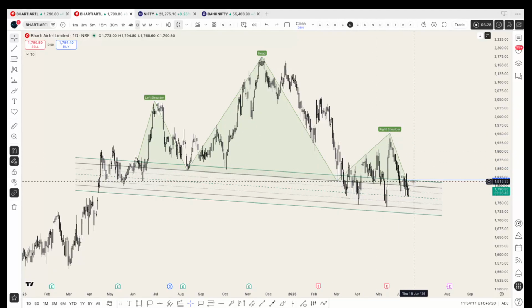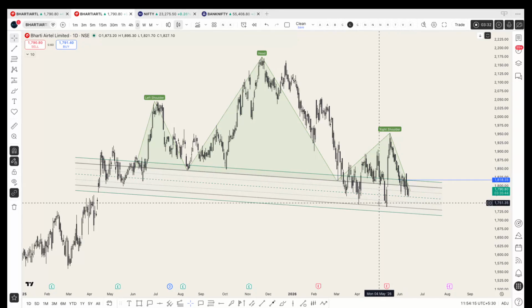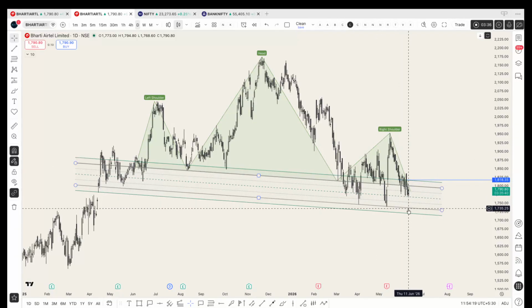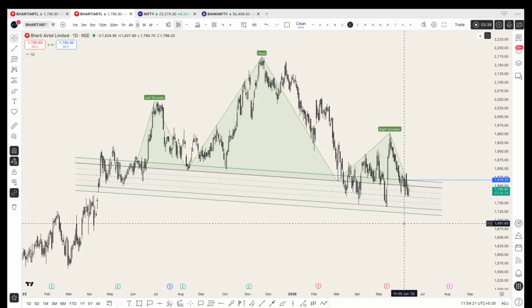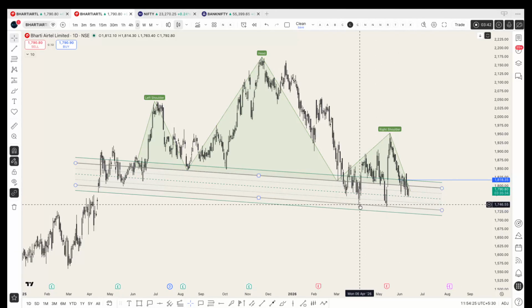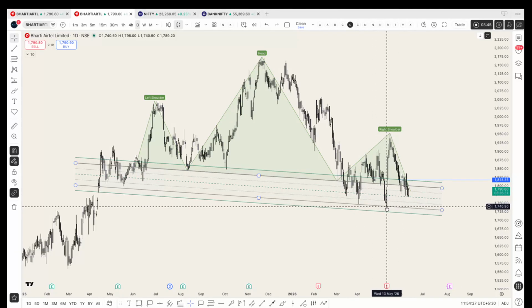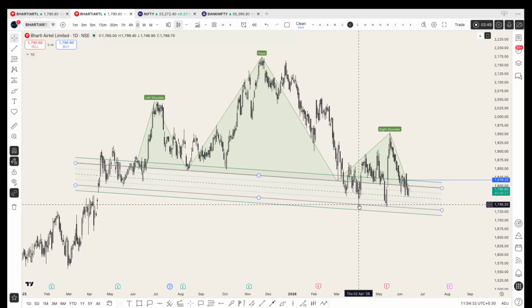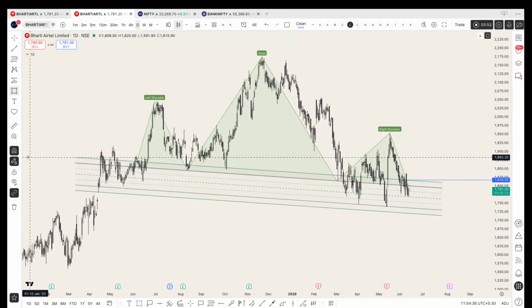So I was talking about two approaches. The first approach is the conservative one, which is to wait until the price clears all these downside pivots and confirms the weakness. That means anything going below this level, the low made on 13th of May, or the low made on 2nd of April.